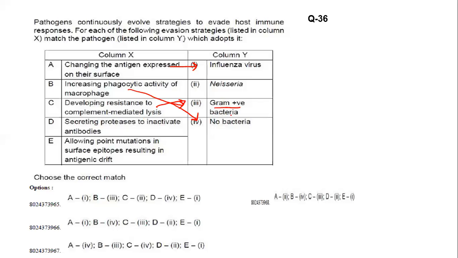D, secreting protease to inactivate antibodies, Neisseria. And E is allowing point mutation in the surface epitope resulting in antigenic drift, is the influenza virus, right? So option 2 is the correct answer. Now next question.